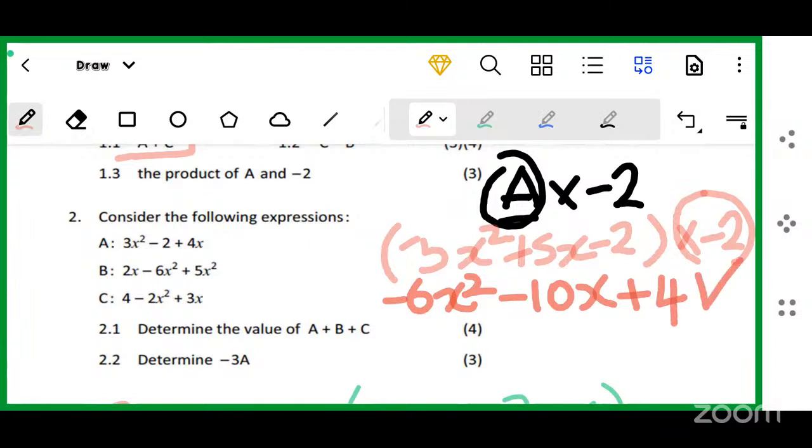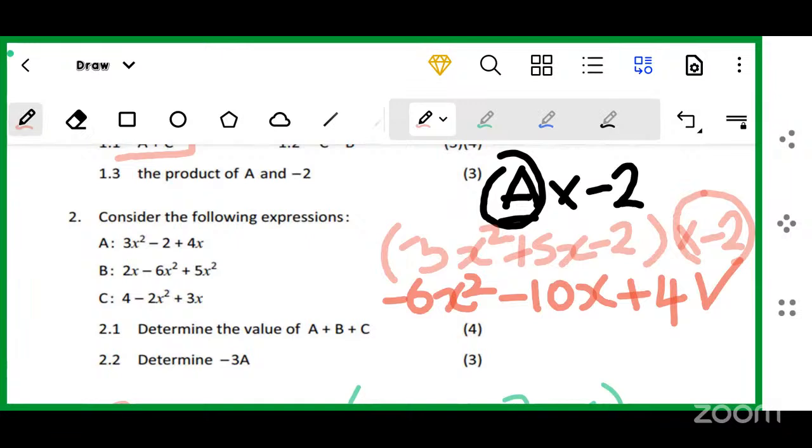So I'm going to give you an example for the homework, which is going to be the product of C and negative 3, B and negative 8. I'll send it to you. Now, consider the following expressions.